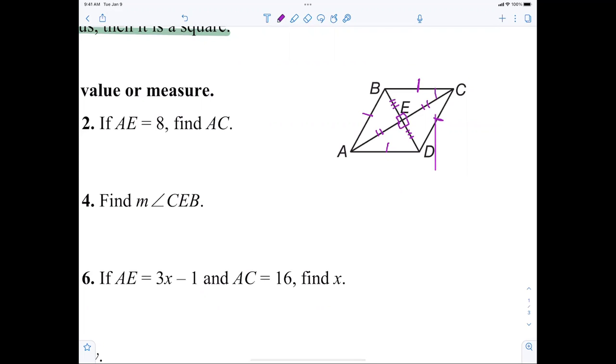Now you're going to come over here and you're going to say this is equal to that. And you should come down here and say these two angles are definitely congruent. And then these angles right here are congruent. And these angles over here are congruent.